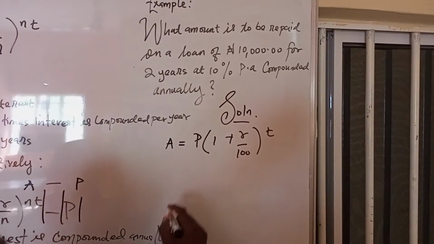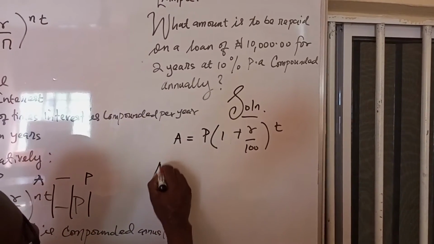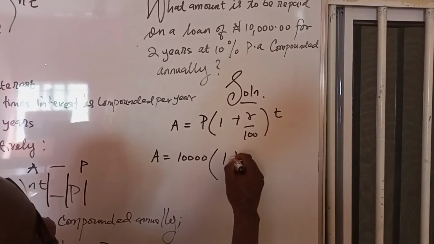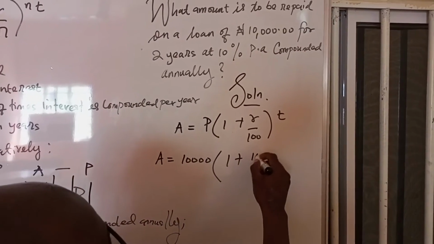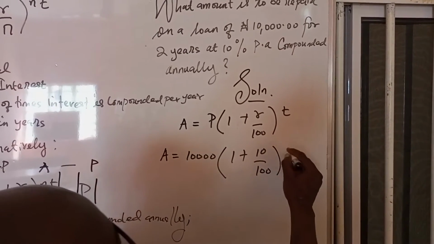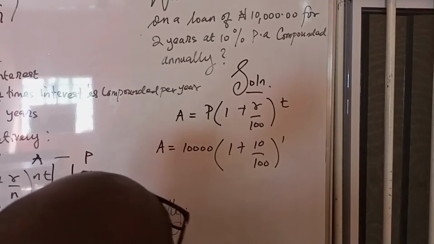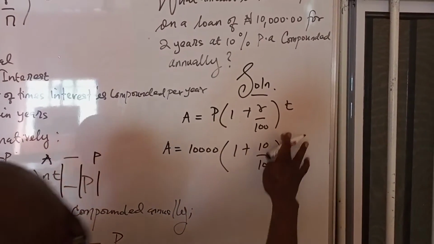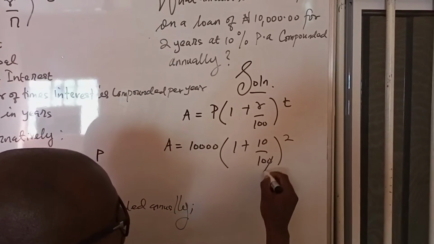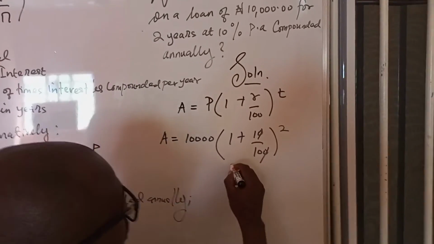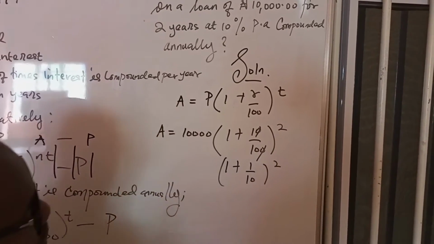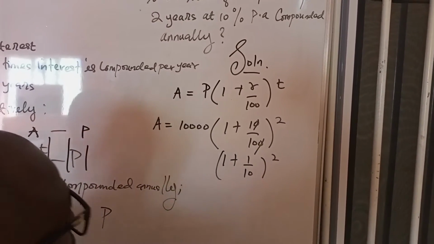So when I substitute my values, my amount is equal to 10,000 naira, 1 plus the rate, 10% over 100, to the power of the time, 2 years. So all this will cancel this, and I have 1 plus 1 over 10, squared. I'm going to deal with this first.